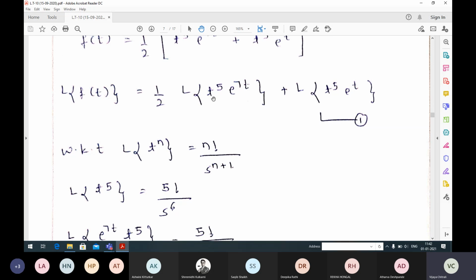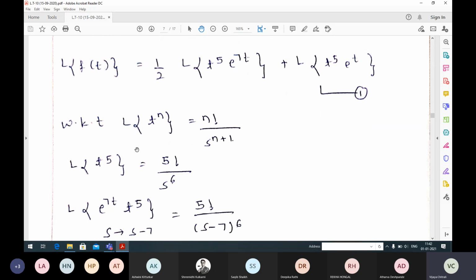We know that the Laplace transform of t raised to n is n factorial divided by s raised to n plus 1. So the Laplace transform of t raised to 5 will be 5 factorial, because n is 5, divided by s raised to n plus 1, and 5 plus 1 will be 6.